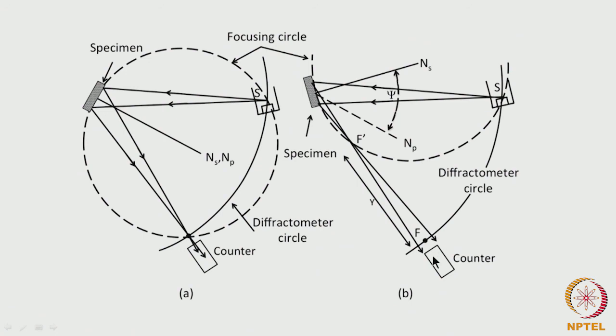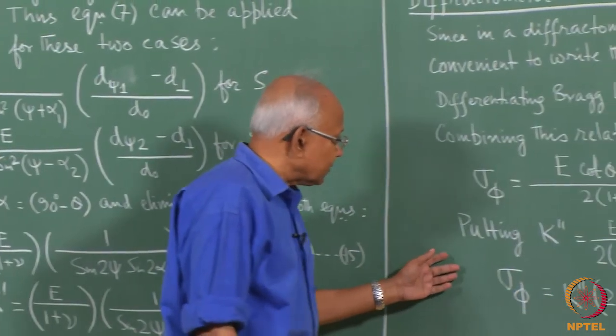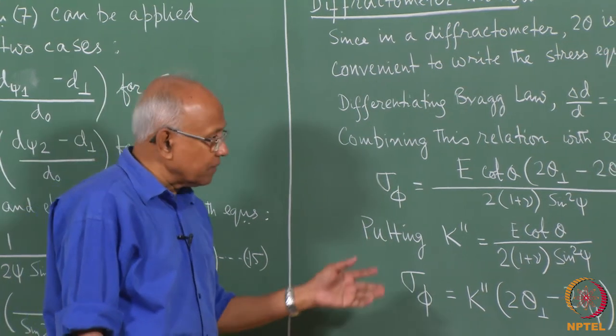The ideal case would be a small slit here with the counter placed somewhere above, but normally we put the slit somewhere in between f dash and f. In that way we make a compromise between the resolution and the intensity. So, this explains how stress is measured by the diffractometer.